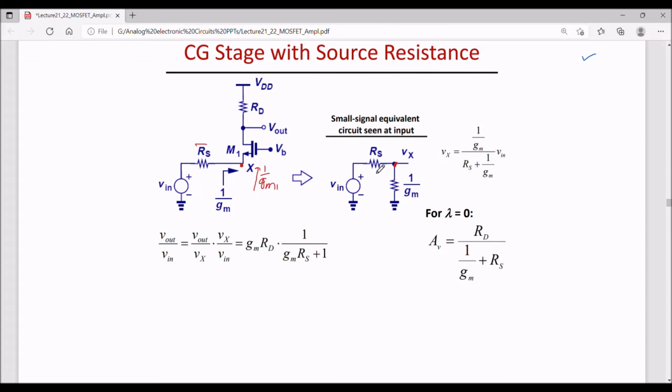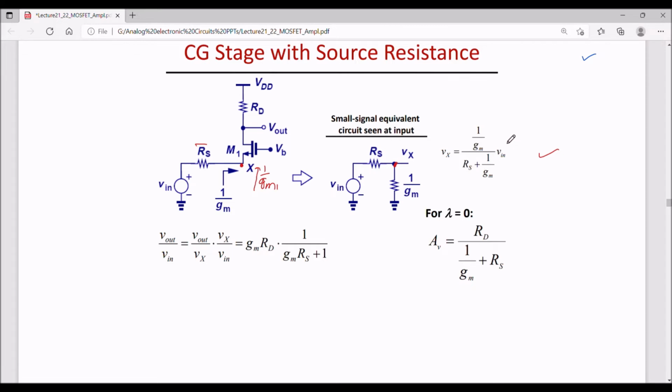So Vx would be simply, by voltage divider rule, equal to Vin multiplied by 1 by Gm divided by Rs plus 1 by Gm. So I can write Vx as 1 by Gm multiplied by Vin divided by Rs plus 1 by Gm. So Vx by Vin can be found from here.